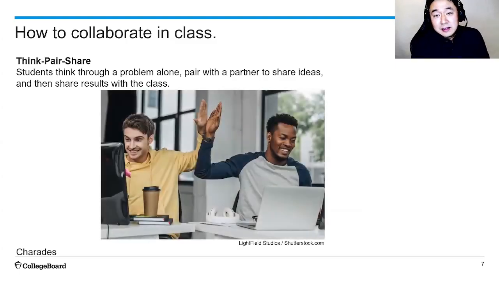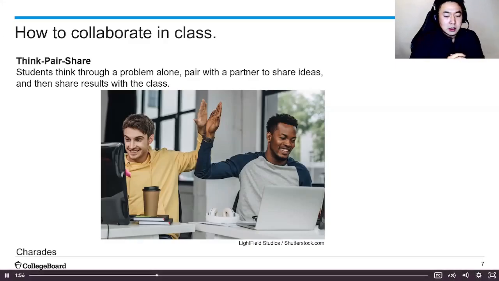So with these two guys here, I like these guys, but my example that popped in my head was charades, as to why think, pair, share is good. When you play charades, sometimes you consider somebody's actions, think, oh man, you're a mime, but then they're like, no, I'm not a mime, and then they keep going, and then later on in the game you say, oh, mime, you say it again, but you don't know why you say it again.